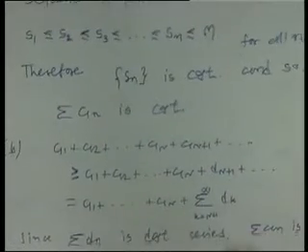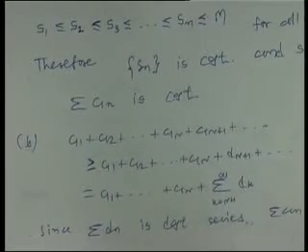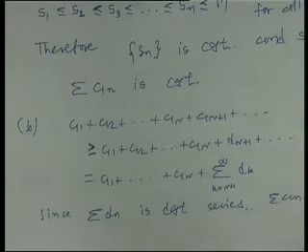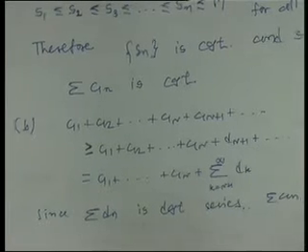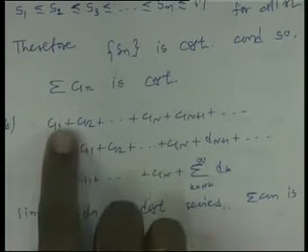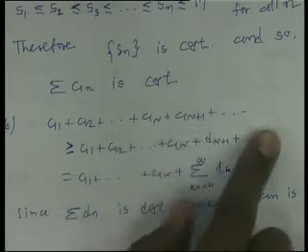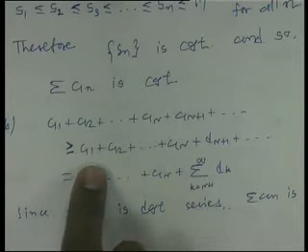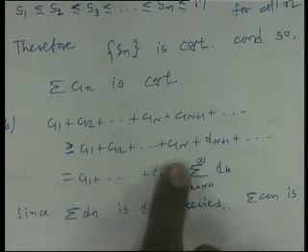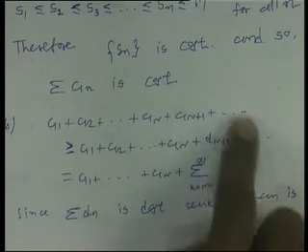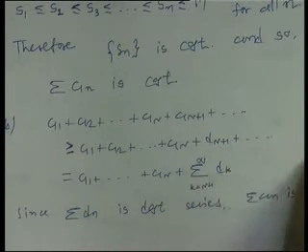Let us see part B. Here we have to show that sigma an is a divergent series when sigma dn is divergent, which has lesser terms than an. The same thing here, the series a1 a2 an plus 1 and so on greater or equal to a1 plus a2 and so on. From here we can see that an plus 1 is greater or equal to dn plus 1, an plus 2 greater or equal to dn plus 2 and so on.